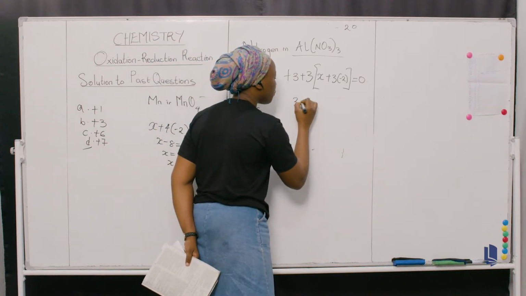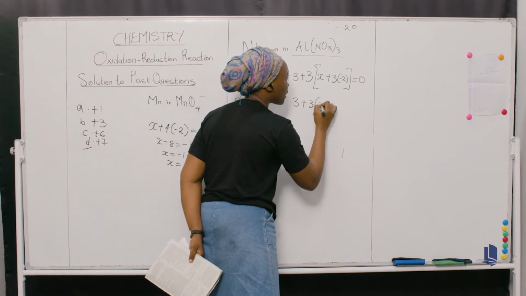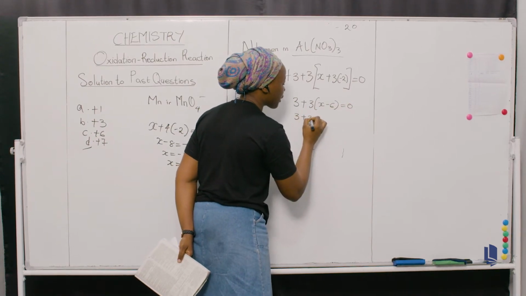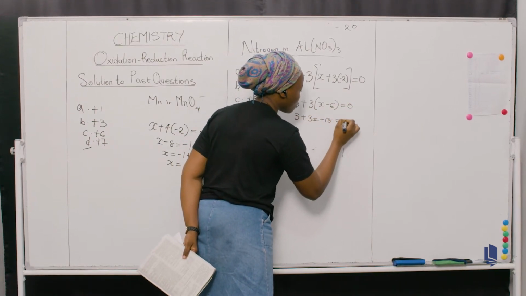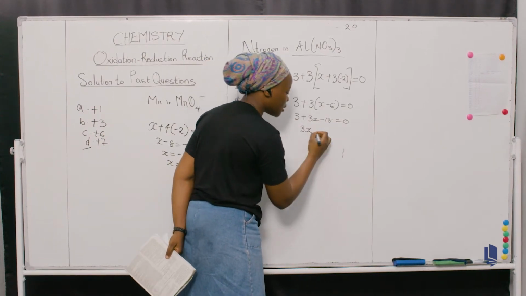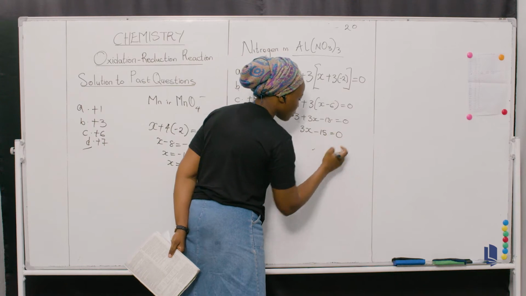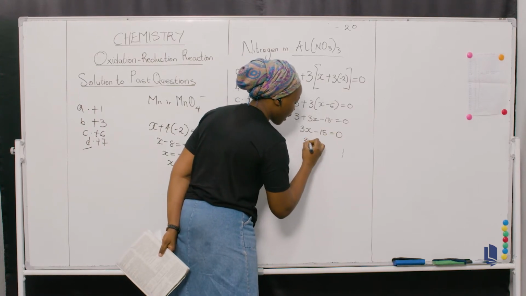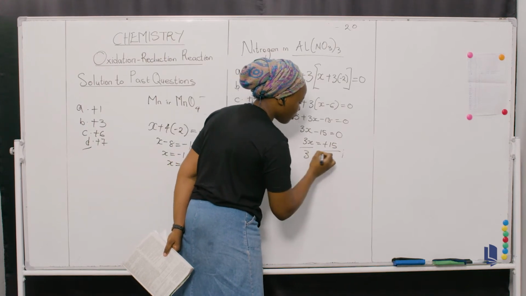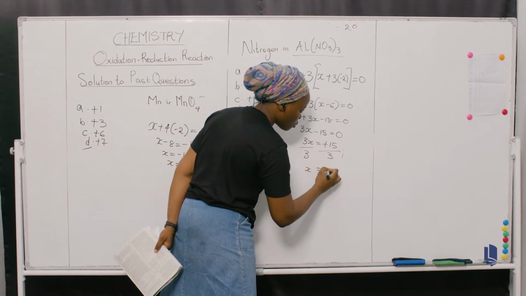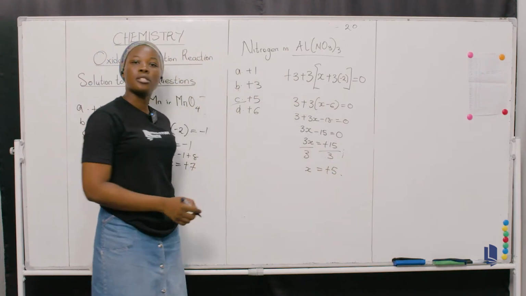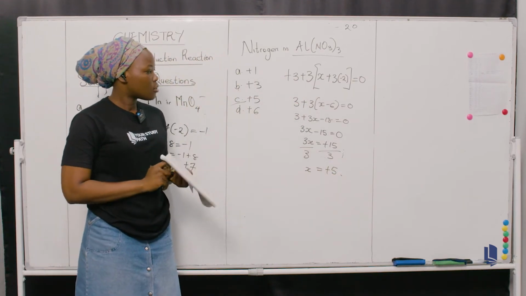So 3 plus 3x minus 6 equals 0, 3 plus 3x minus 18 equals 0, 3x minus 15 equals 0, 3x equals plus 15. Divide both sides by 3. X equals plus 5, and that is option C. So let's move on.